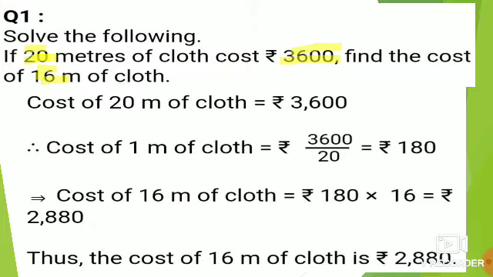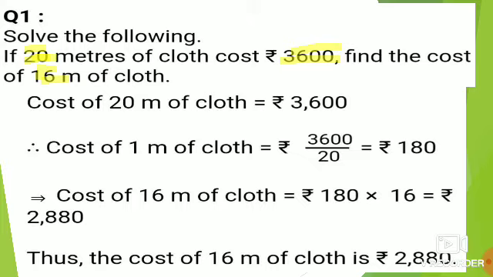So in the practice set, this is the first example: if the cost of 20 meters of cloth is 3600 rupees, then find the cost of 16 meters of cloth. Here the cost of 1 meter of cloth is not given. The cost of 20 meters is given. So the cost of many articles is given.